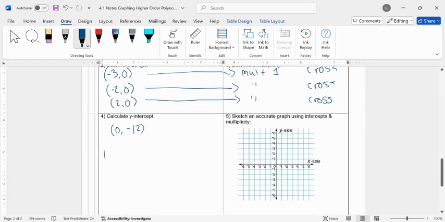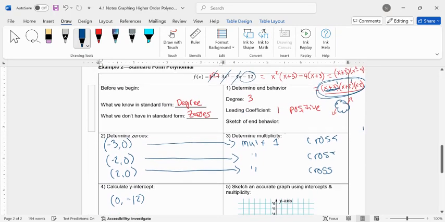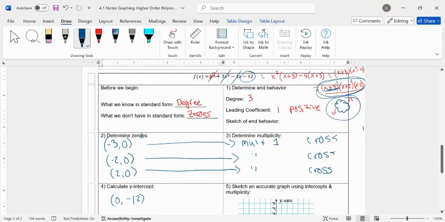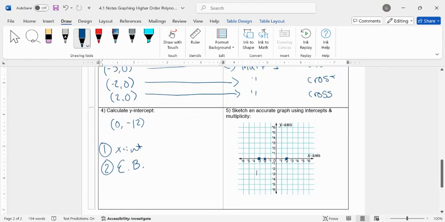Okay, let's graph. So first step, x-intercepts. We have negative 3, negative 2, positive 2. Second step, end behavior. Down to the left, up to the right. Now we get to the middle section. Cross, bounce, wiggle. Work from left to right.